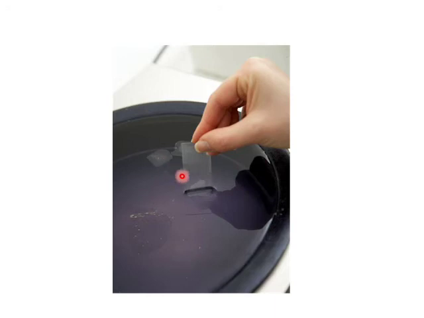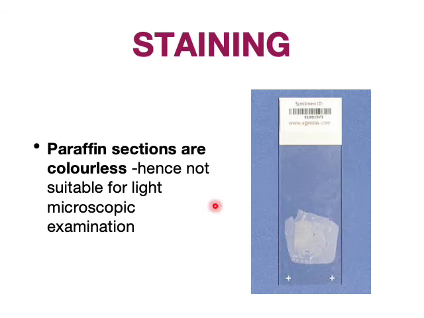We dip the slide in the hot water bath. Once the tissue edge comes here, we have to send the slide beneath it in an inclined way and then lift the tissue up. Then it will appear like this.